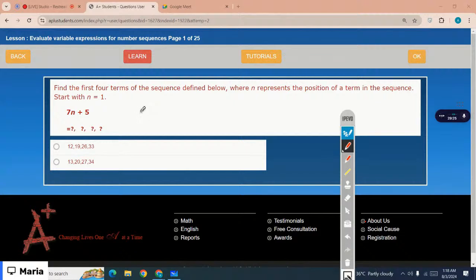Okay, you are given the variable expression 7n plus 5, right? You have to find the numbers in the sequence, start with n equals 1.